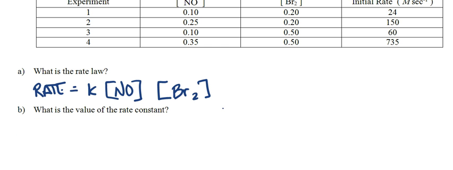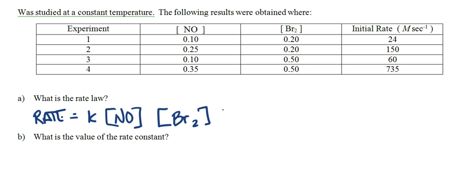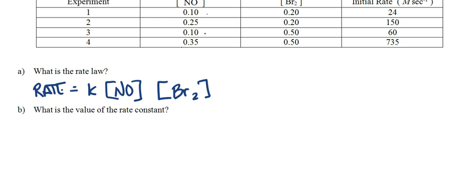Ideally, we want to try to make the concentrations the same for one of the reactants first to start off with. So if you look at experiment 1 and experiment 3, the nitrogen monoxide has the same concentrations there, so it's a good one to start off with. So let's compare experiment 3 to experiment 1. And again, you don't have to start with this one. We deal with the rates first.